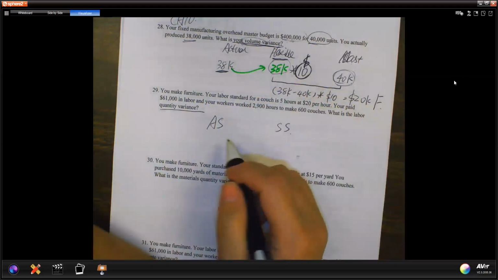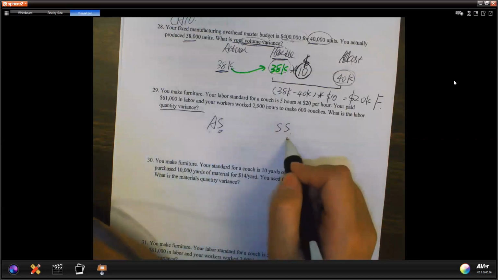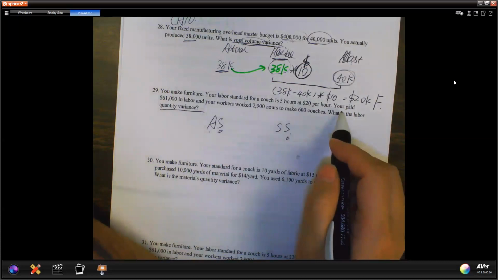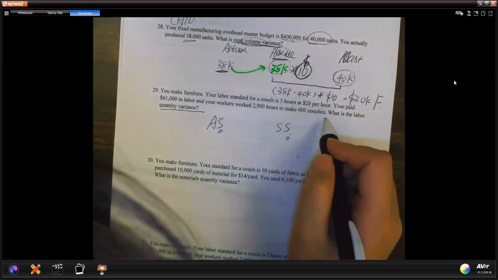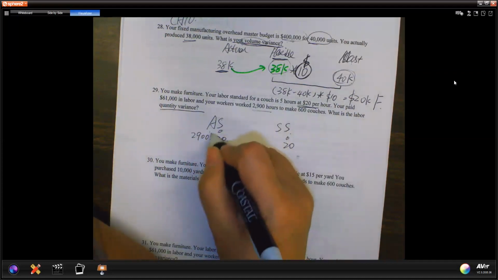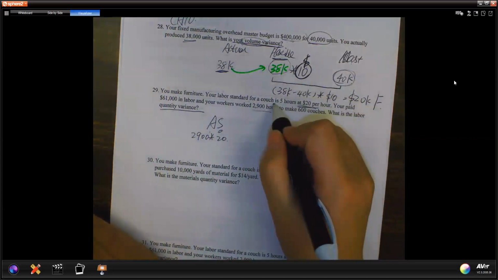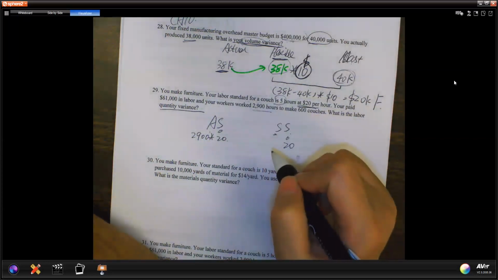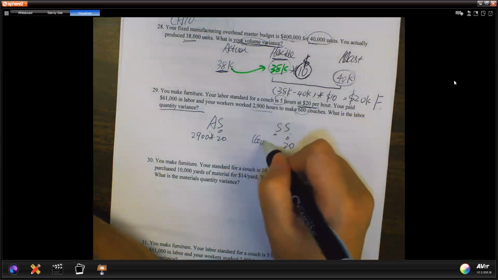Okay. So next one, question 29, talking about labor quantity, which is AS and SS, right? Labor quantity. So let's look at the standard price. Okay, $20 per hour, right? You actually worked 2,900 hours. Your standard budget is 5 hours for each unit, and then you made 600 products.